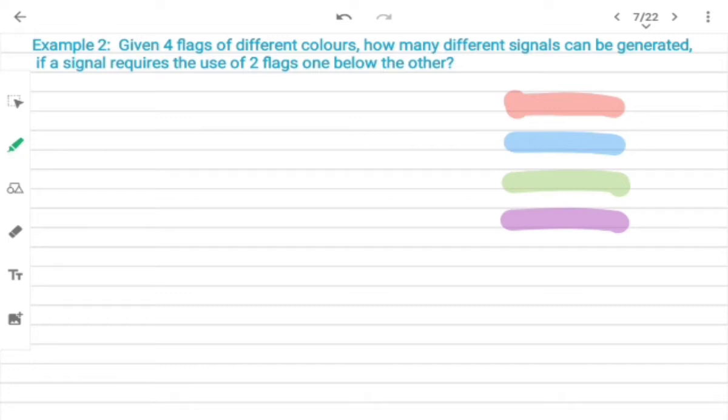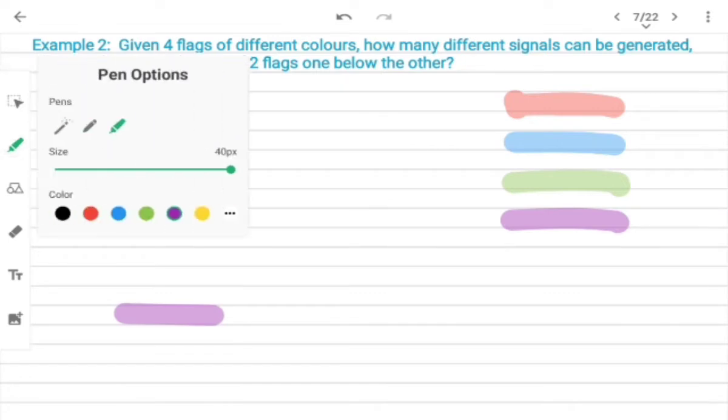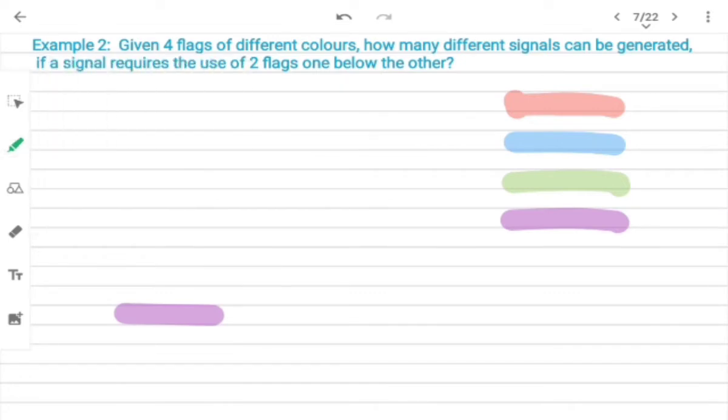How many different signals can be generated if a signal requires the use of 2 colors, one below the other? That means you can show a signal with only any 2 flags. You have to take only 2 flags. For example, if I am taking a purple, I can take a red along with this. Like this, how many different signals can be displayed?